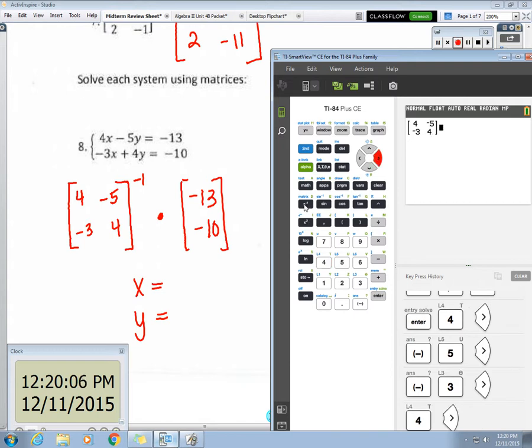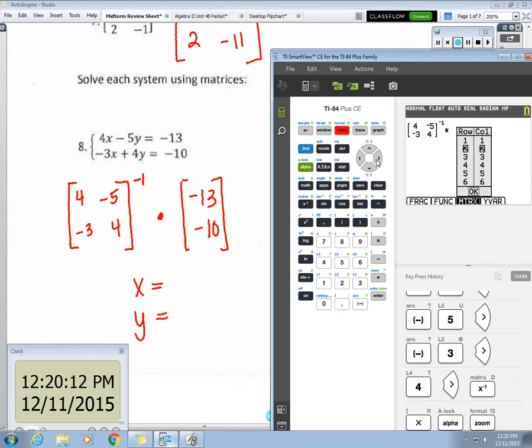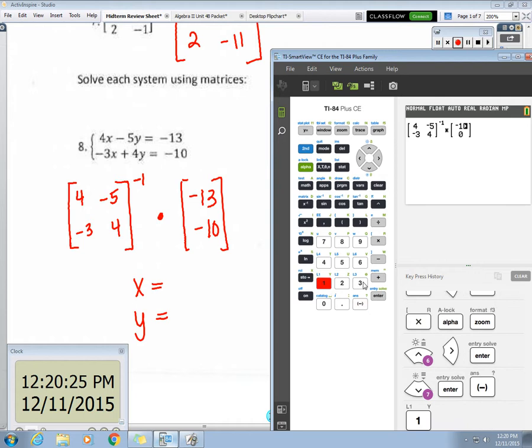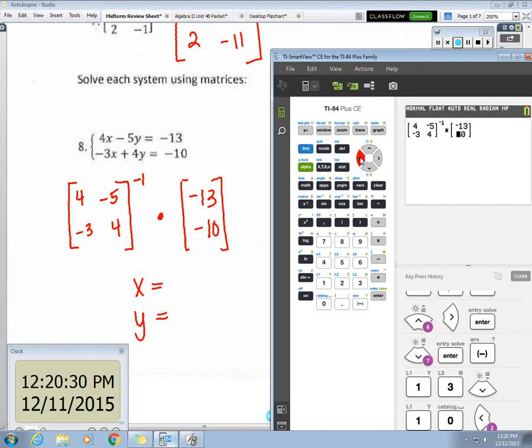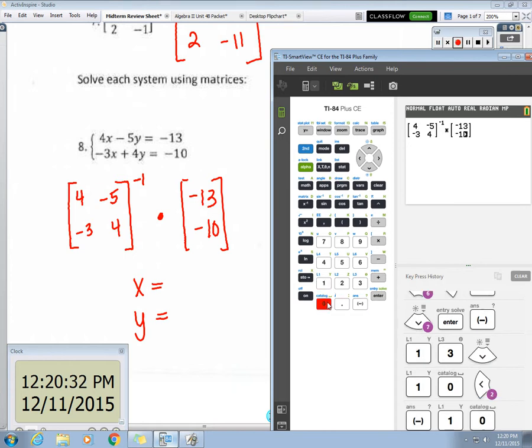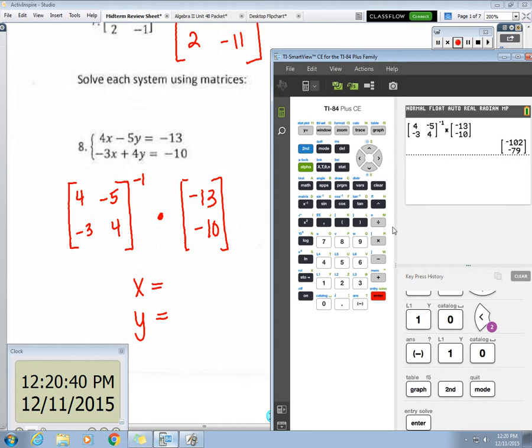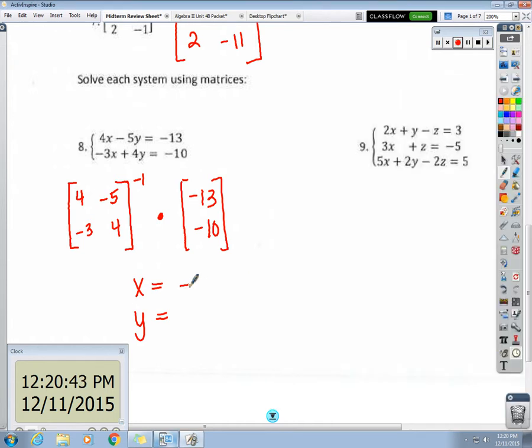And then I take the inverse of that, and then I multiply it by this matrix. So I have to go back to alpha zoom, but this time it's a 2 by 1. Okay, and then we have negative 13 and negative 10. Okay, so we all got negative 102 and negative 79.